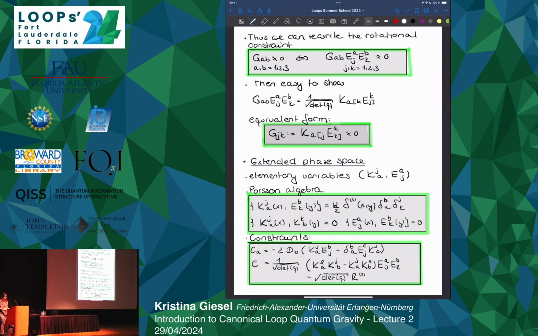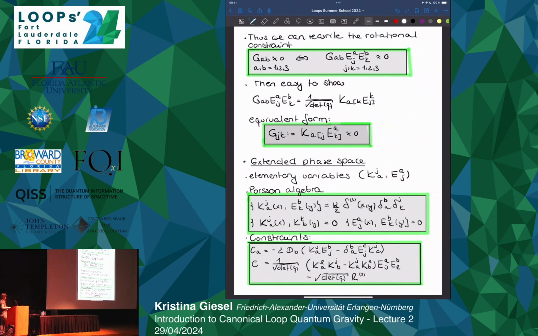Now, given this set of variables as elementary variables, these KJA will become our configuration variables, and the densitized triad the momentum. They satisfy also standard Poisson brackets. The factor of kappa over 2, which occurs here now, is due to the fact that you get an additional factor of 2 if you rewrite the action in terms of these variables.